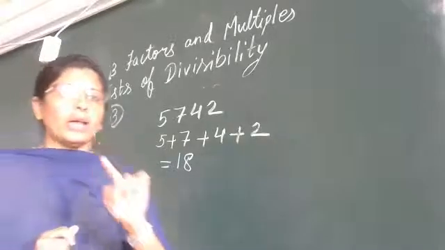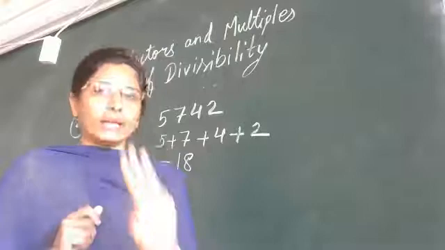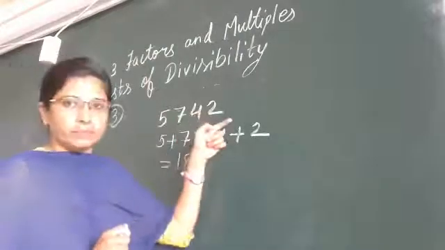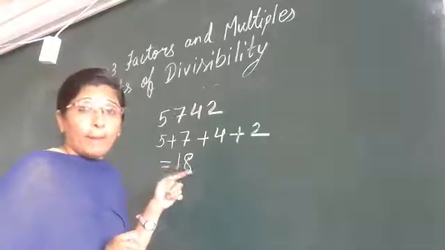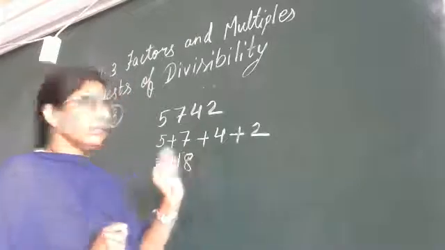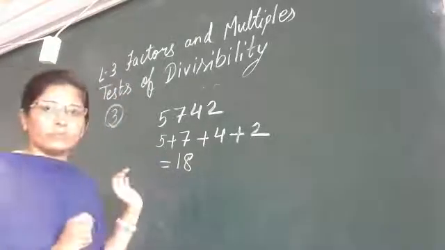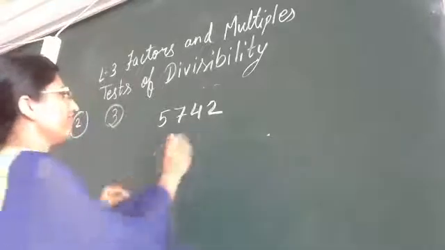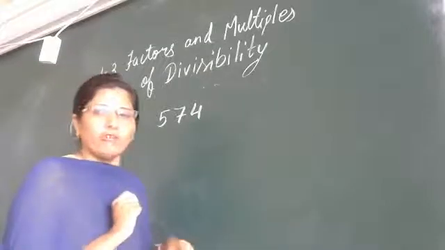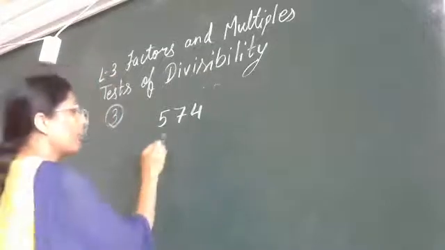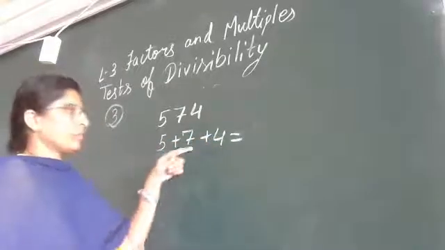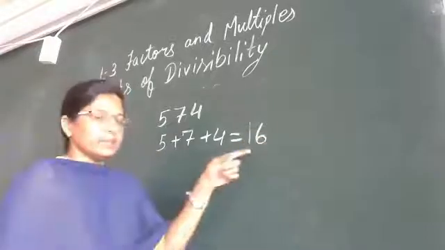Okay? So when you have to find the divisibility of 3, what you have to do? You have to add the digits and see. If you get a number which comes in the 3 table, then it is divisible by 3. For example, if only 574 is there, after adding what do you get? 16.